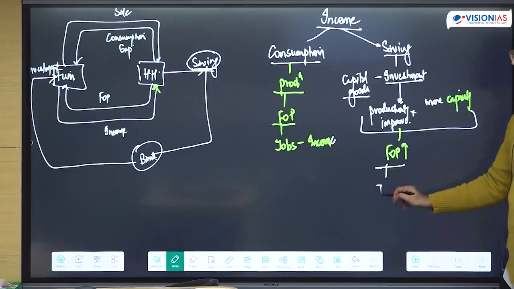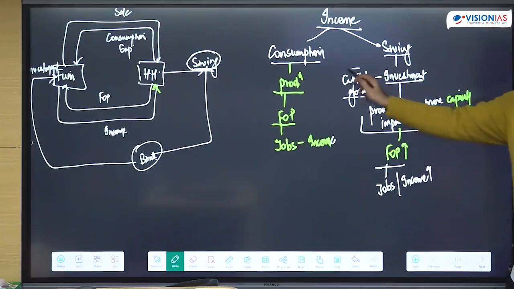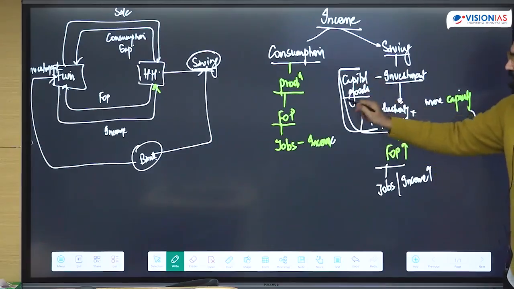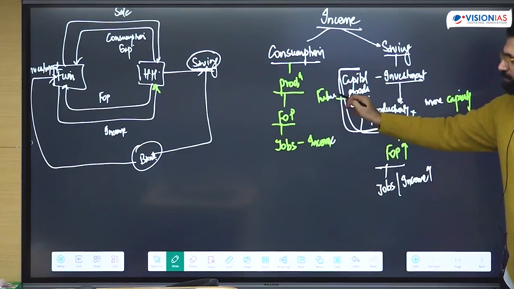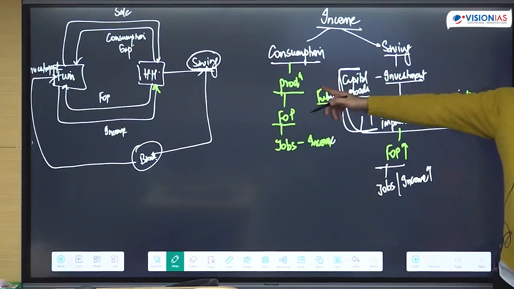Factors will be better utilized, you will have more jobs, more income. But this can only happen through investment, and investment can only happen through savings. तो savings आज होंगी, but benefit कब मिलेगा? So that means today you will witness a slowdown.